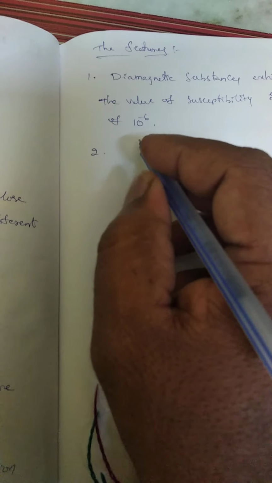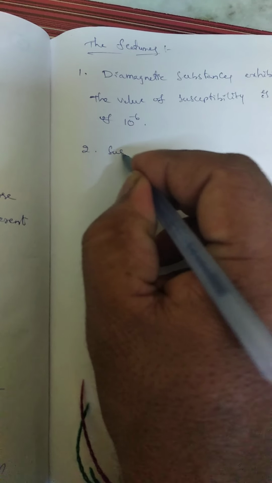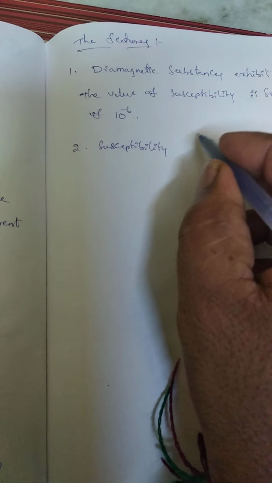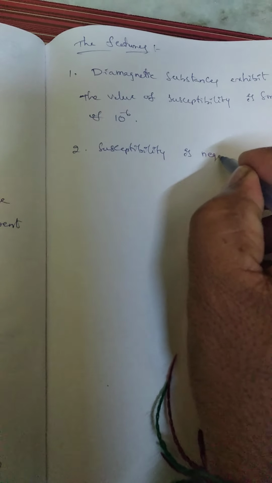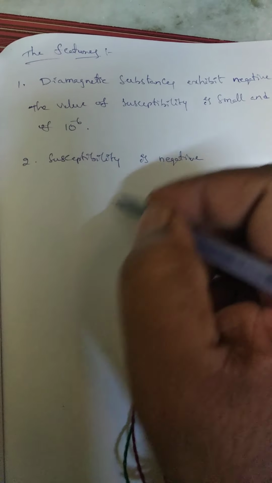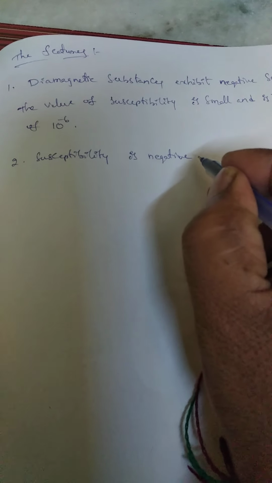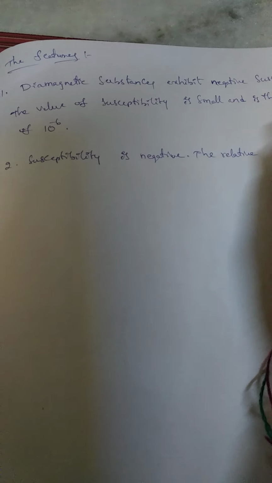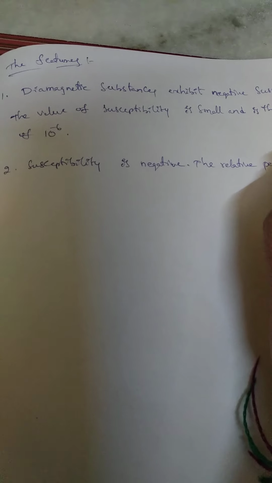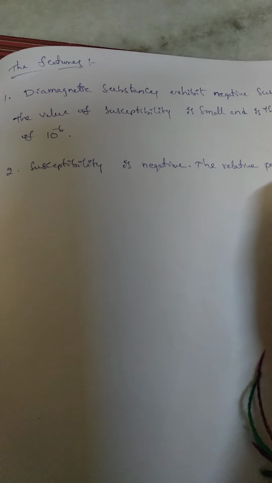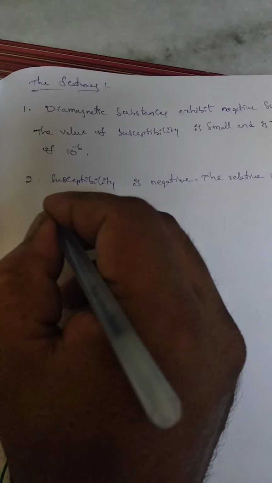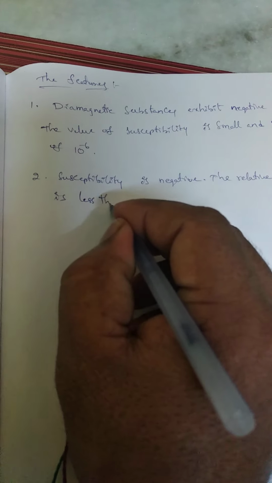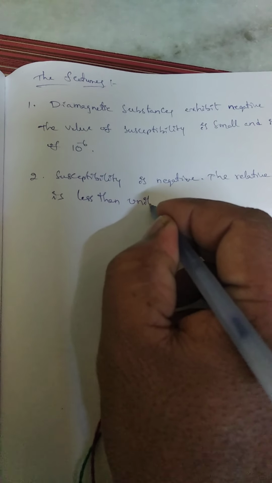Second one, susceptibility is negative. The relative permeability mu r is less than unity.